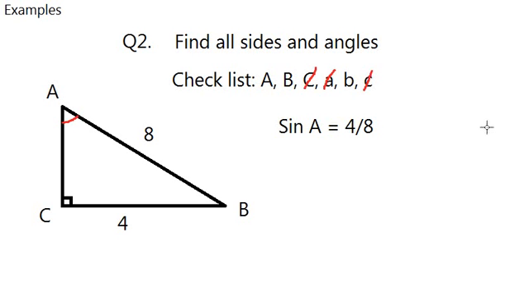And now if you know how to use a calculator, which I hope you do, then you should be able to get that A is equal to arcsine, written like this, 0.5. And so that would result in a nice and round number, 30 degrees.